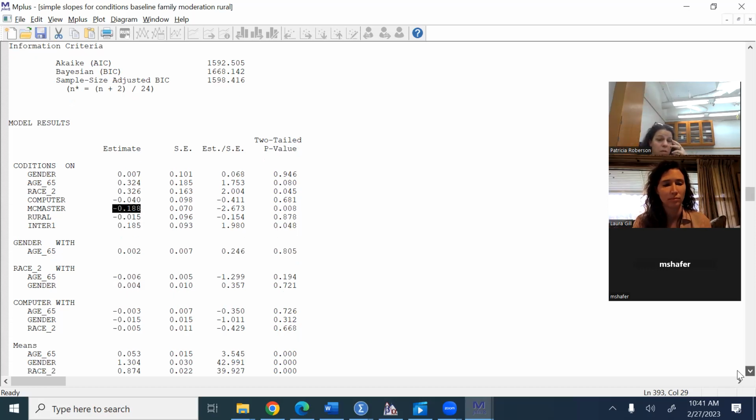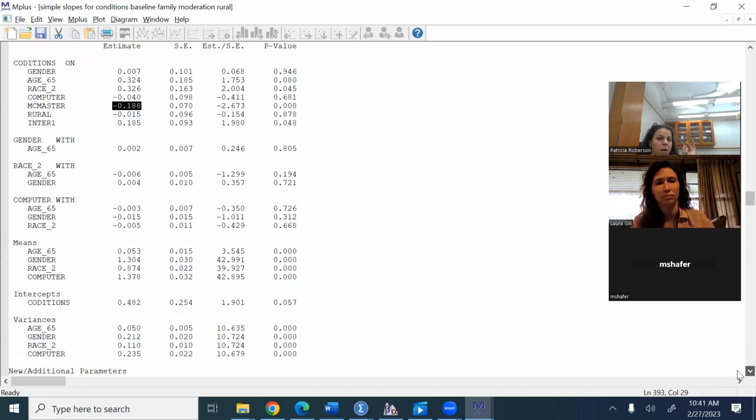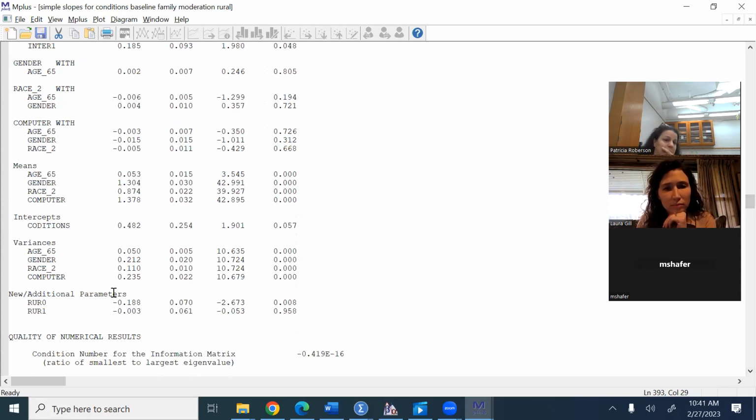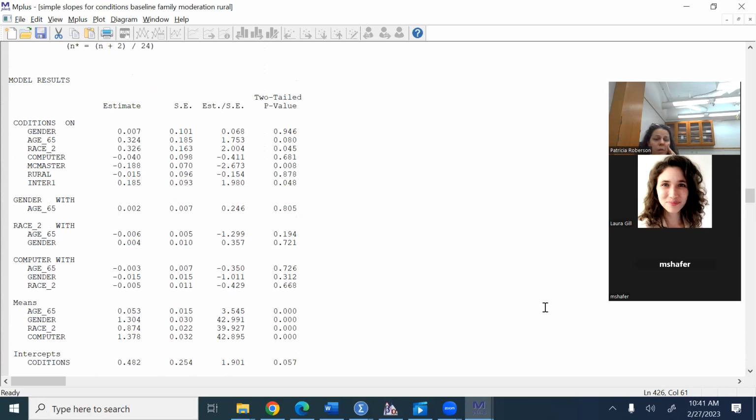Keeping in mind this is Poisson, so we will be interpreting the odds ratio, so I have to hand calculate it in Mplus. But anyway, the new additional parameters, we see that only people not in rural areas observe this effect, but for people in rural areas, family does not have a statistically significant impact, right? So keeping in mind way up here what these columns mean.